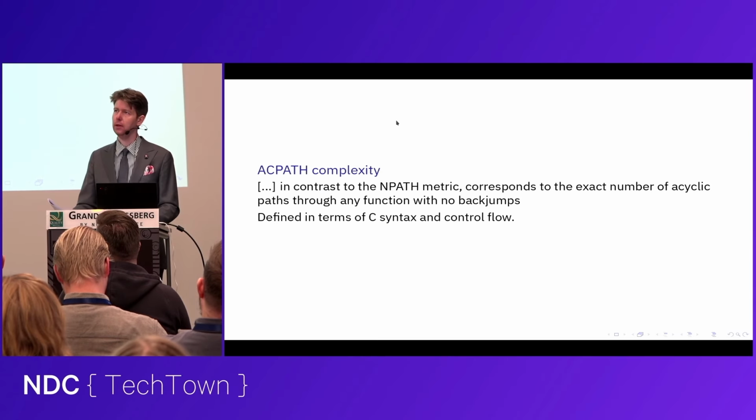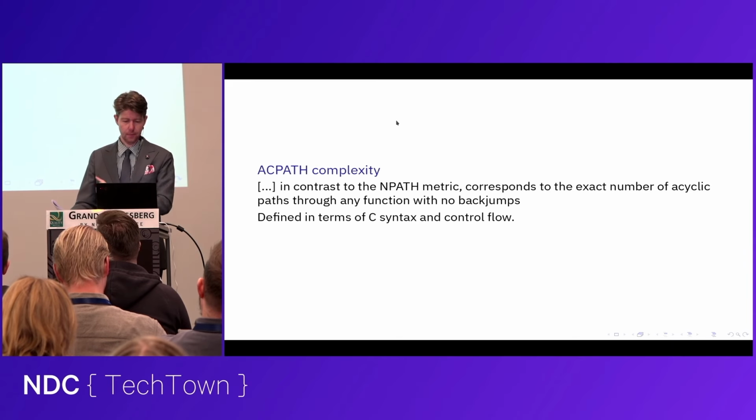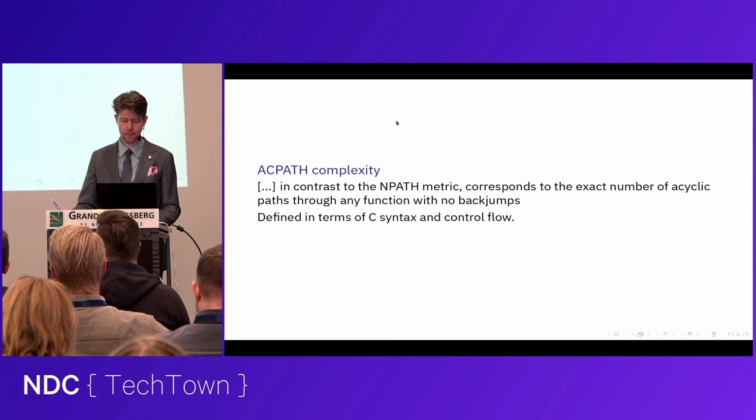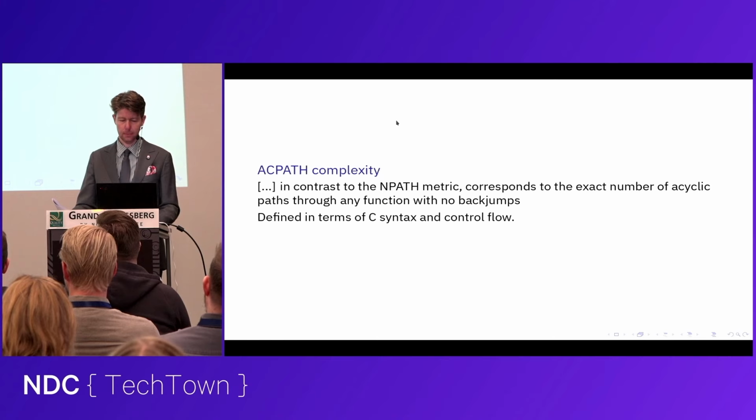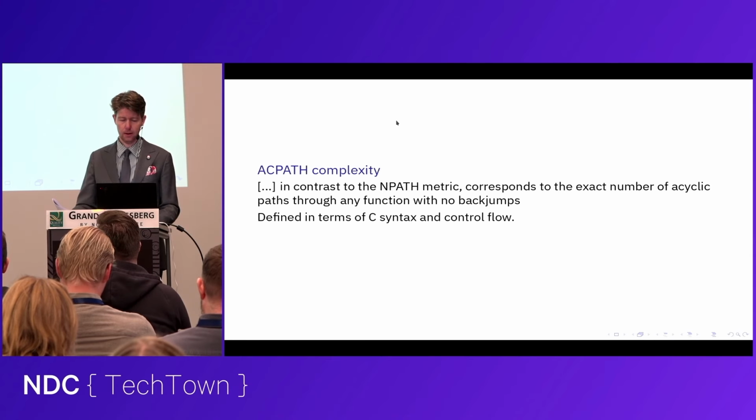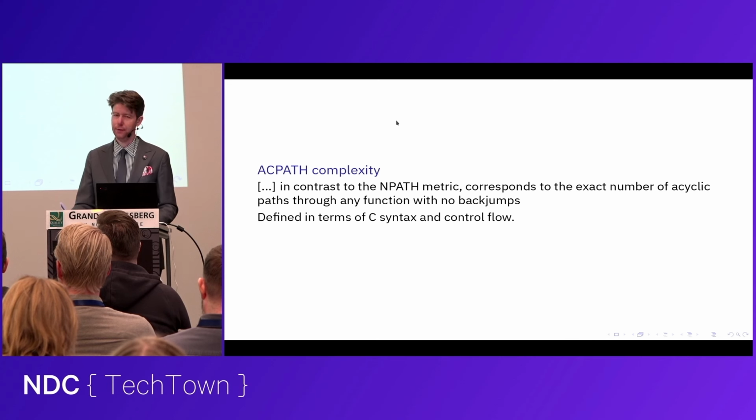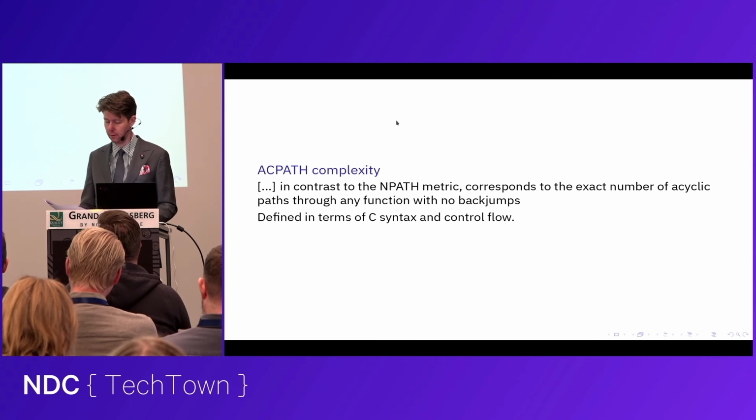There is another metric called the AC path complexity. We try to fix a flaw with that by dealing with what they call back jumps. It is fine in terms of syntax and control flow, which frankly I think is another.